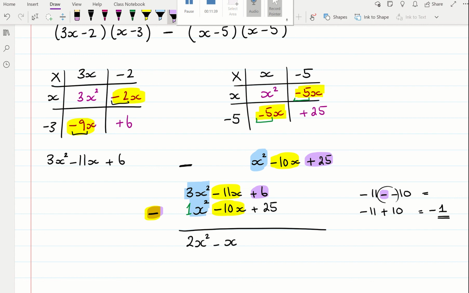So 6 take away 25, and that is negative 19. And that is your final answer. They do like to put negatives in, so make sure you understand that everything is being subtracted.